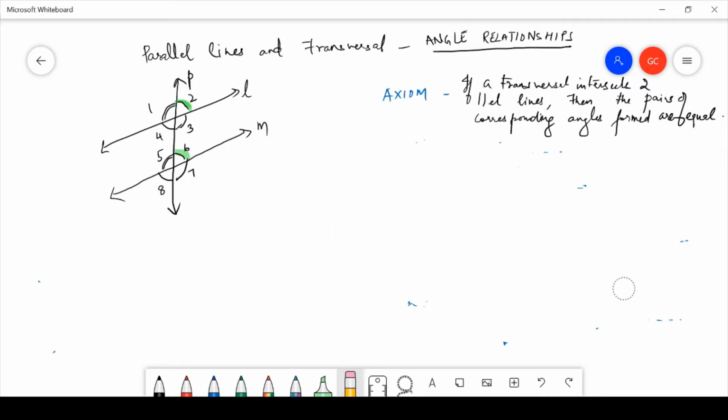All right, now the converse of this axiom, let me state that first, and let's see whether it's true or not. The converse: I'm going to state the converse of this.